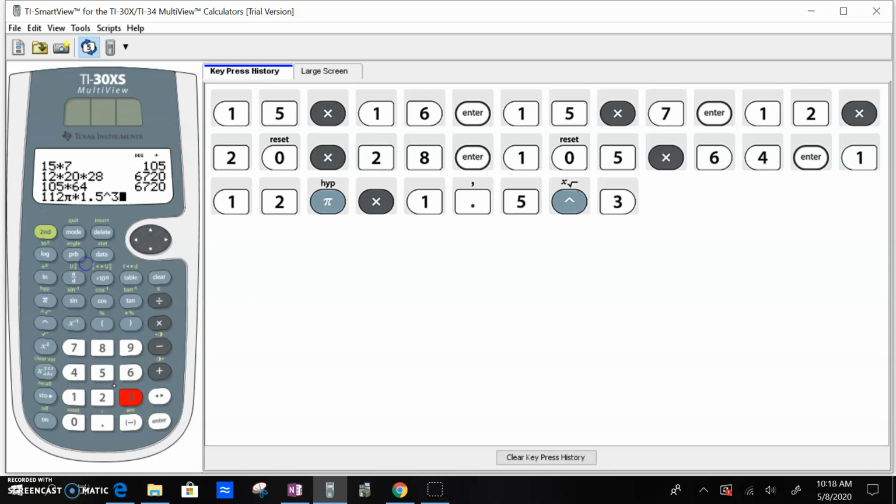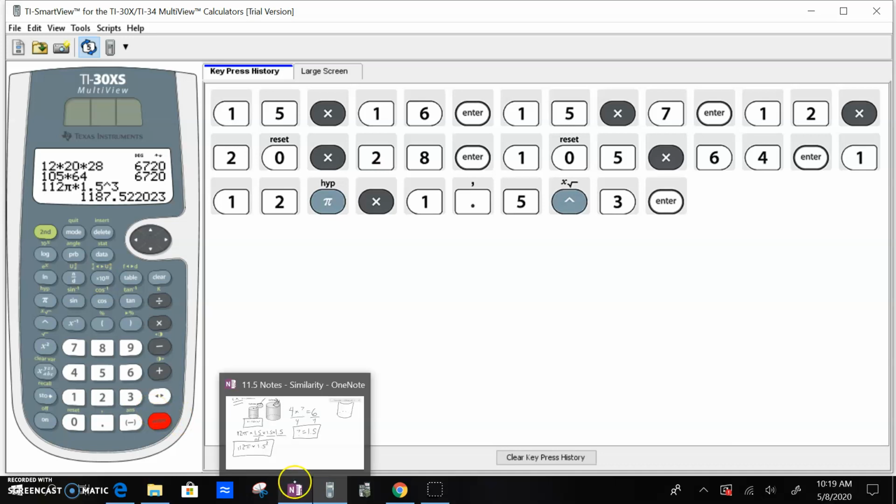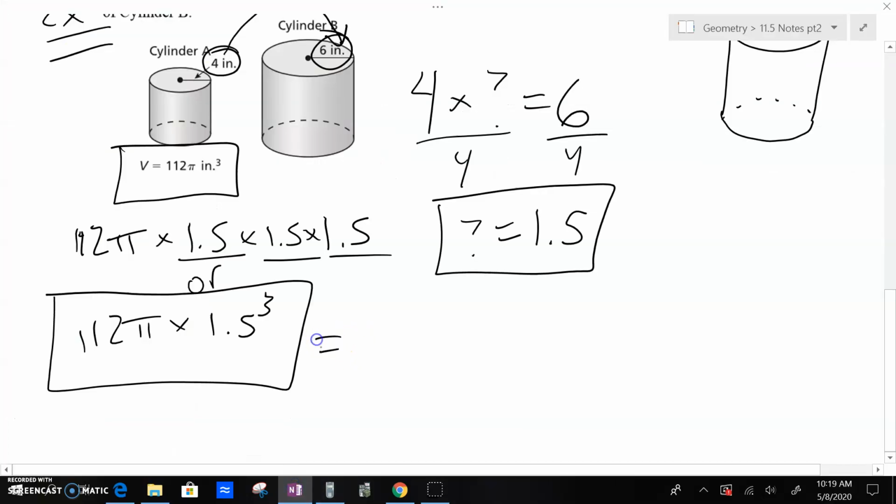And that's for any power. You could do squareds that way, but you have a squared key. Most calculators do, but then they don't come with additional keys. So you just do that little up arrow and then 3, and you hit enter, and we're going to get 1187.5, we'll call it. So 1187.5 inches cubed.